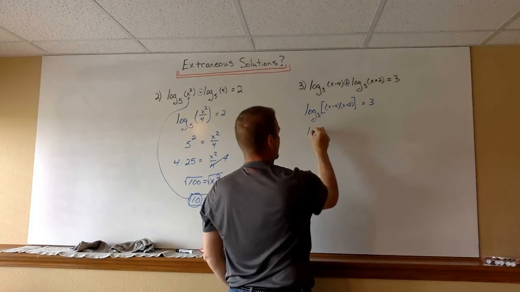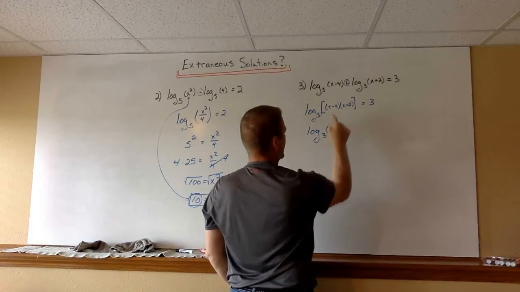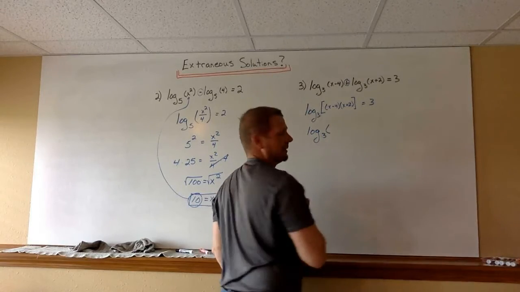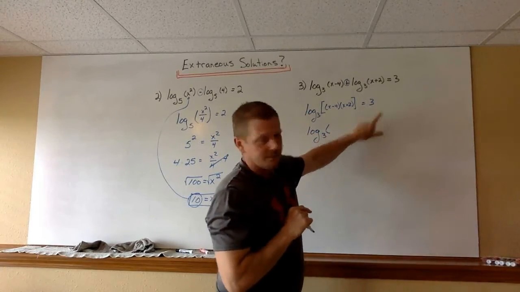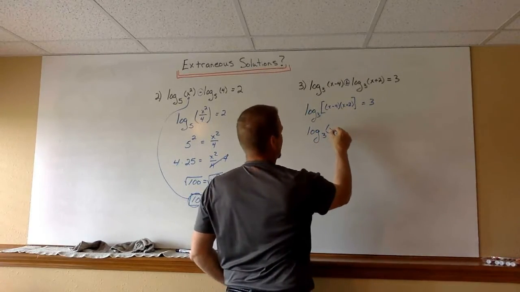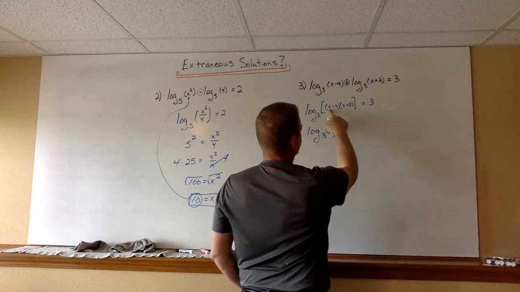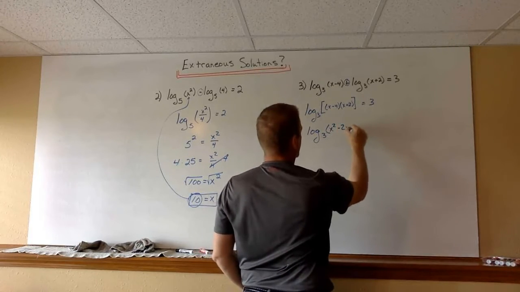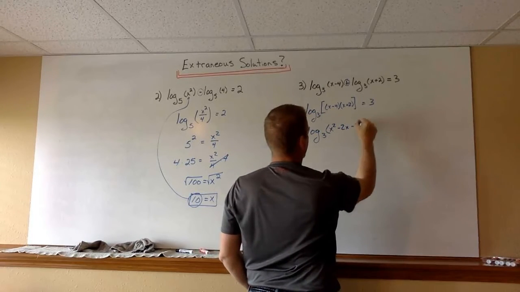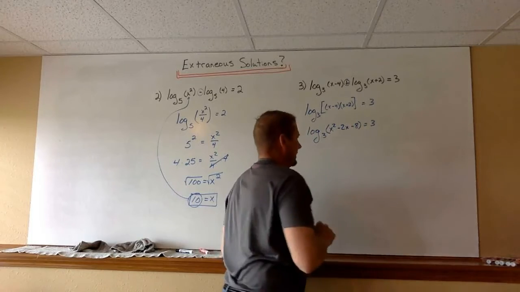I want to multiply these together in here because that's not 0 over there. So I multiply those together, and I get x squared minus 2x minus 8 equals 3.